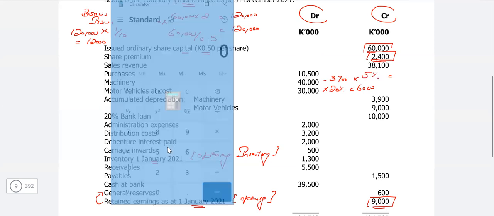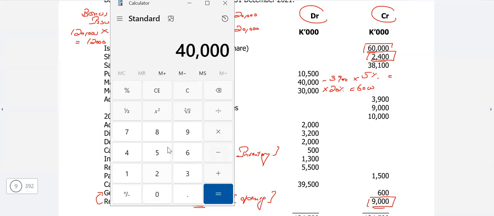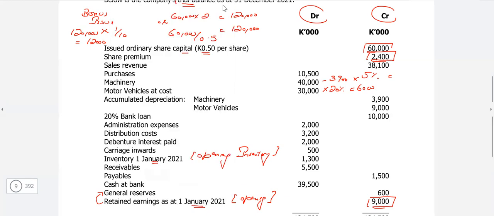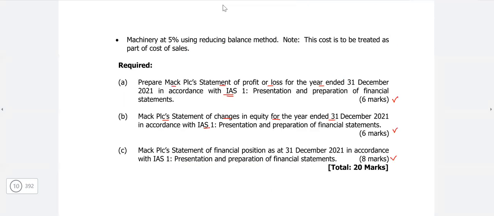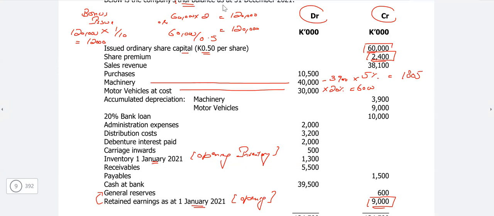So 40,000 minus 3,900, into 5%, gives you 1,805. This is how we do it. Machinery is to be done on the reducing balance method, and the motor vehicle on the straight line method, so the cost means the straight line method.